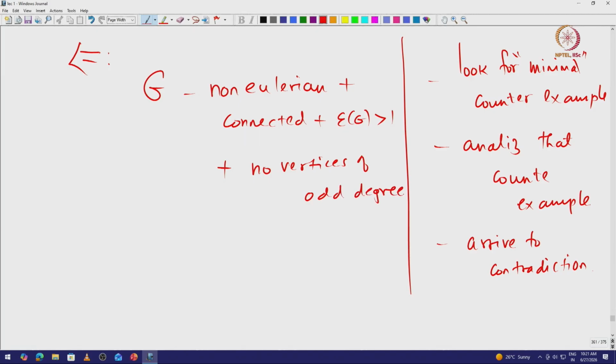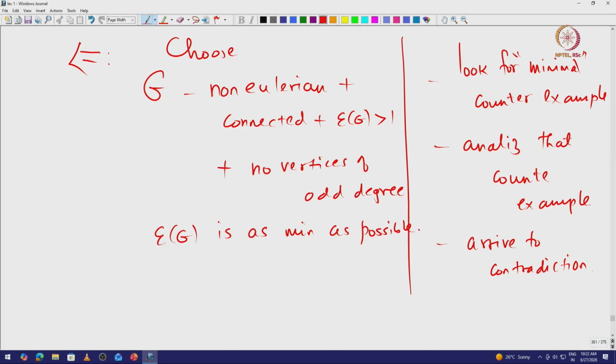If we have a counterexample, then we choose this G such that ε(G), the number of edges, is as small as possible. Such a non-Eulerian graph, if it exists at all, can be chosen because of the well-ordering property of the natural numbers.